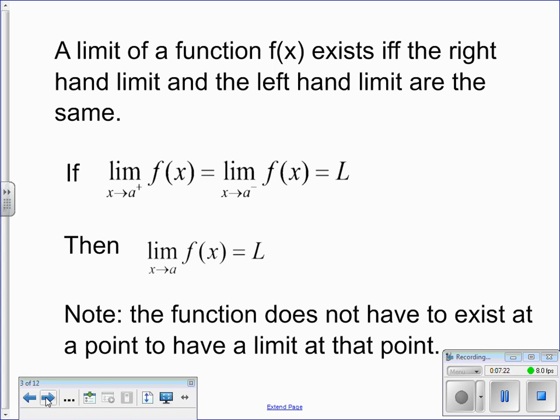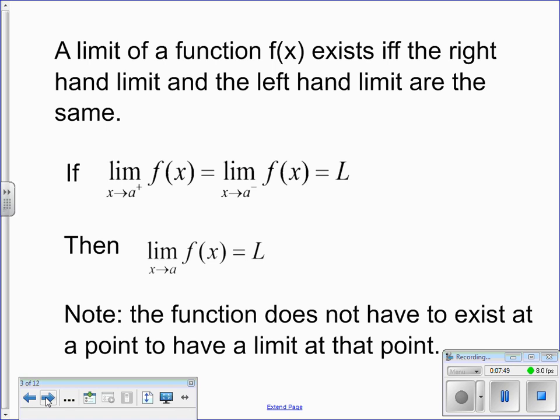Muy importante. Get this down. Okay? A limit of a function f of x exists if, what does that stand for? If and only if the right-hand limit and the left-hand limit are the same.